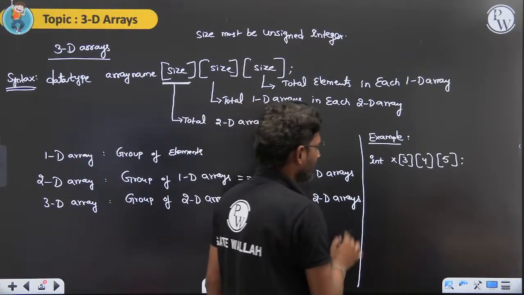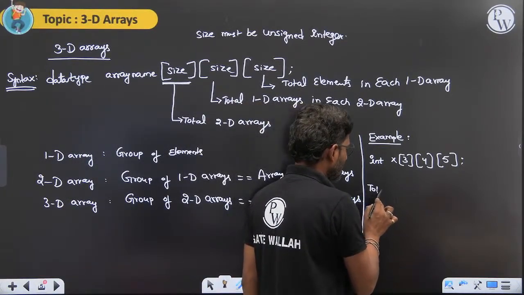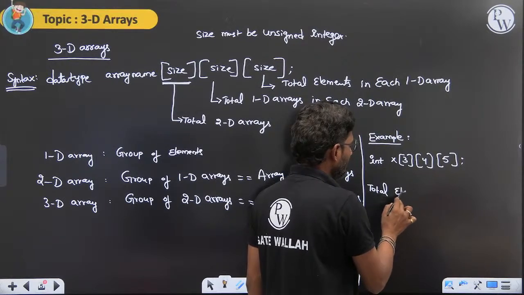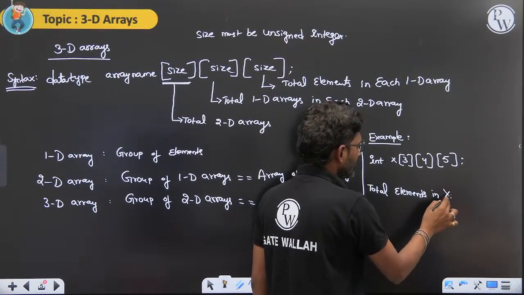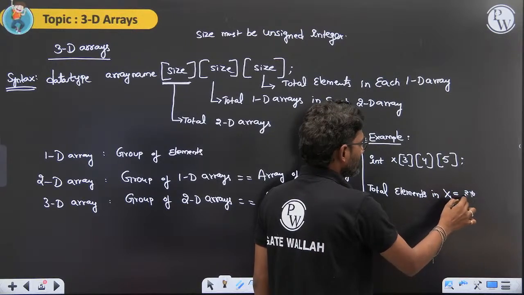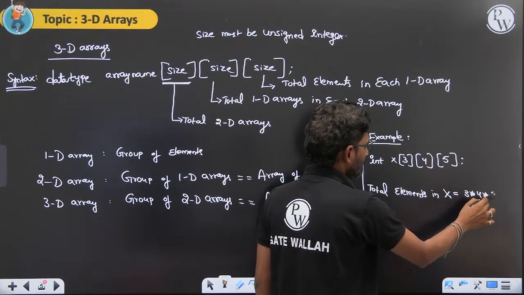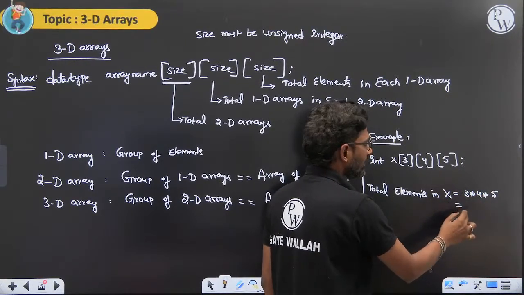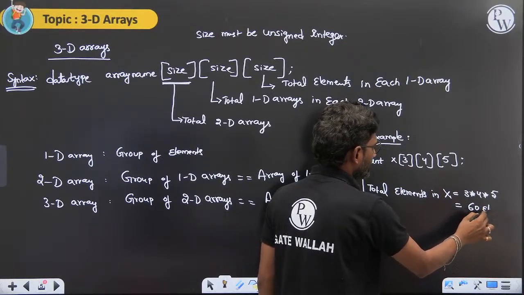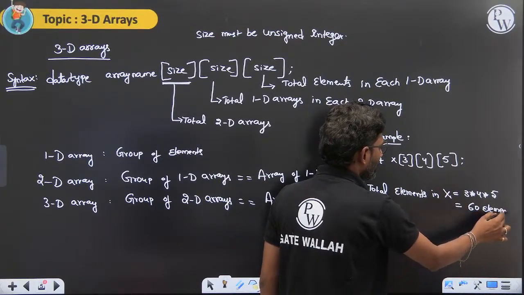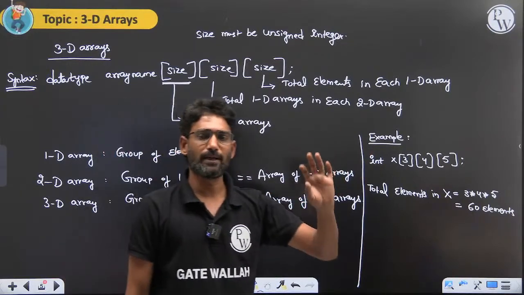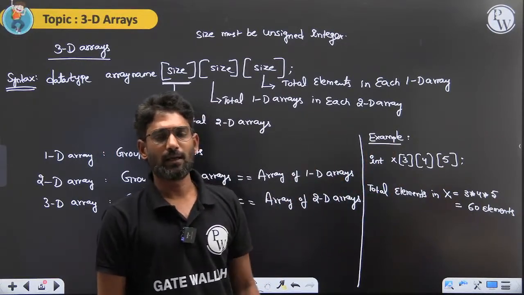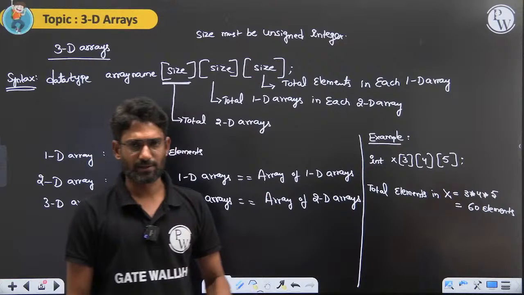One thing we can understand is total elements in the array. Total elements in x is the product of all the dimensions, that is 3 into 4 into 5, 60 elements.